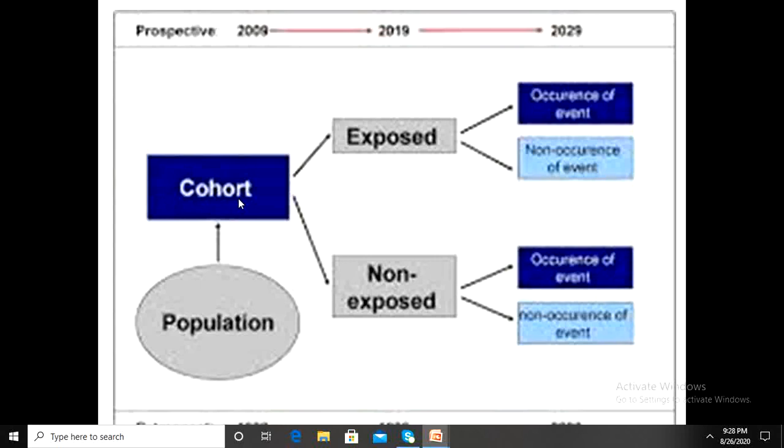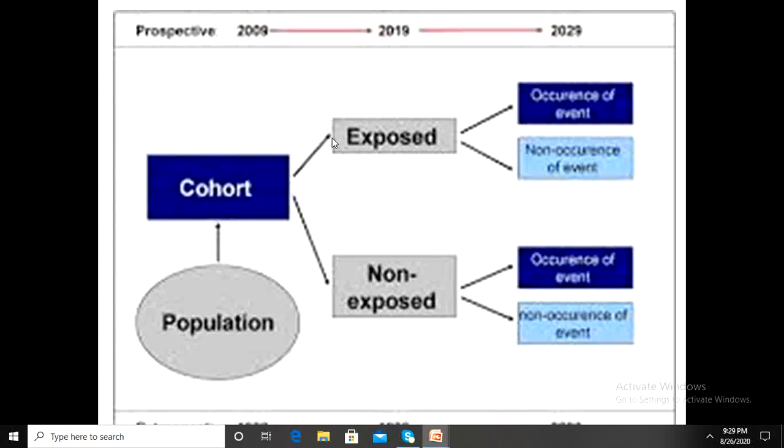For example, if we know that in the Pakistani population lung cancer is more common in males and cigarette smoking is more common in males, and the most appropriate age group in which lung cancer presents itself is about 50 or 55 years, so we will select a cohort of males who are 35 years of age, because we presume that we will follow them over a period of 20 to 25 years to find out whether lung cancer develops in them or not.